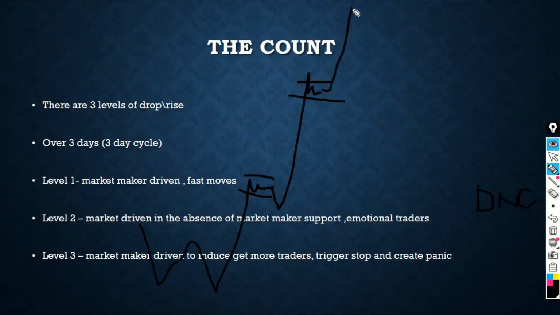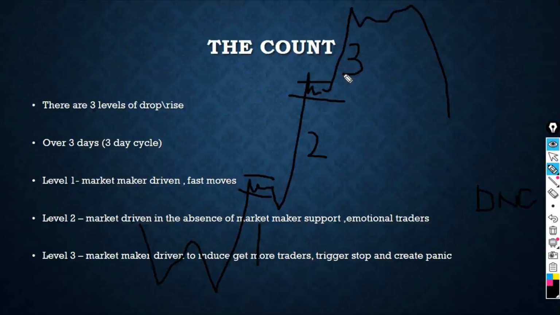Into level 3. Level 3 is aggressive like level 1. Level 3 is called the pump to dump move. So what they are doing is pumping price to dump it. You are getting a buy sentiment in the market, and it reverses off the high. It traps you with an M or a W formation.